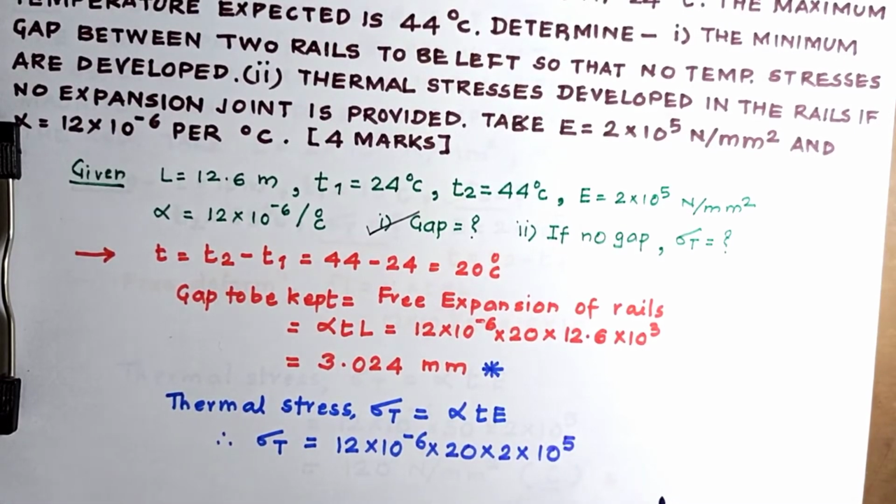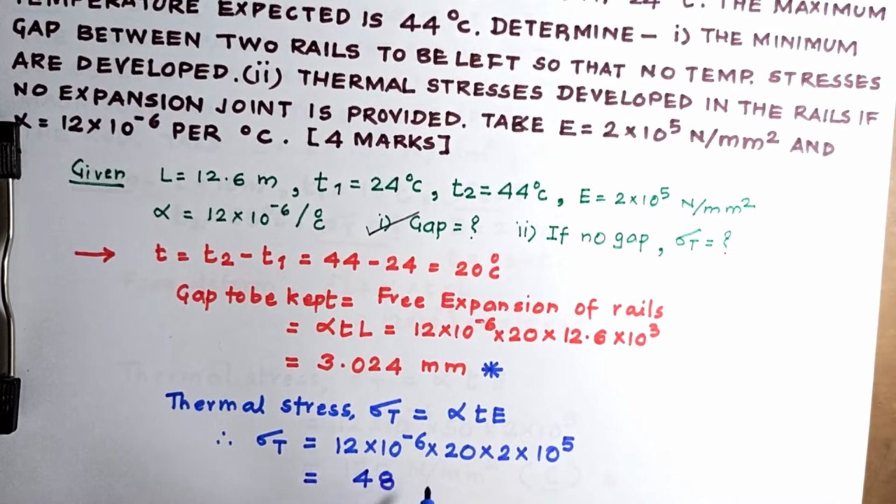If you calculate this thing on calculator, you will get the value as 48 MPa or Newton per mm square, and as this is rise in temperature, its nature will be compressive. C means compressive.